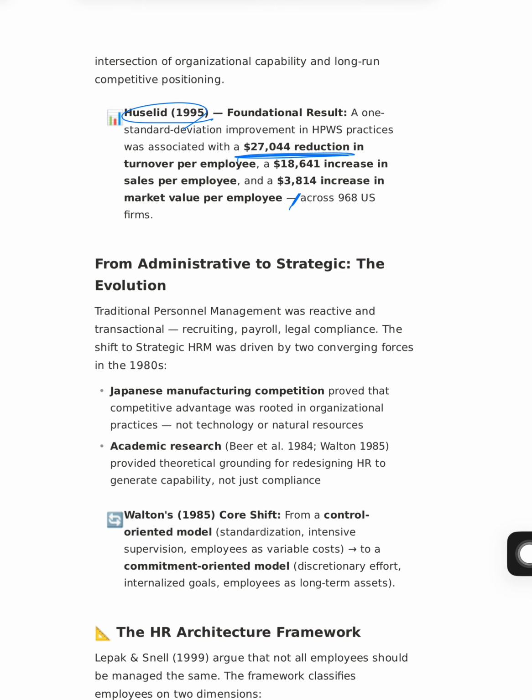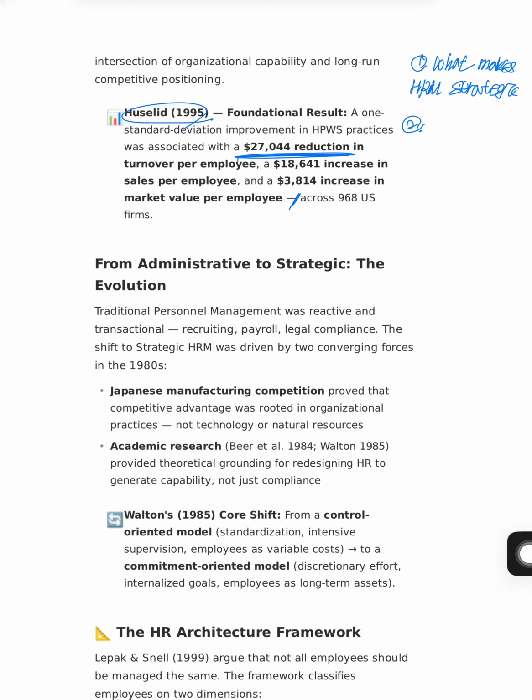Today's lecture is organized around three major themes. First, we examine what makes HRM strategic, which means the shift from administrative to strategic partnership and the analytical frameworks that distinguish them.